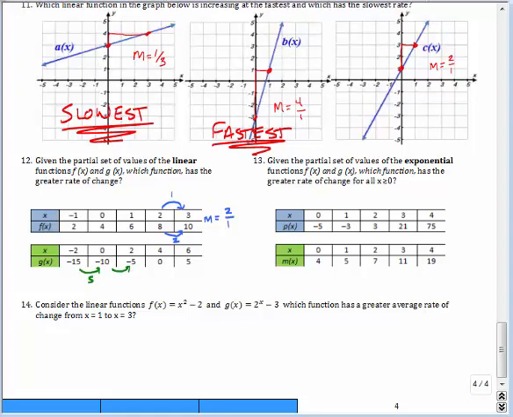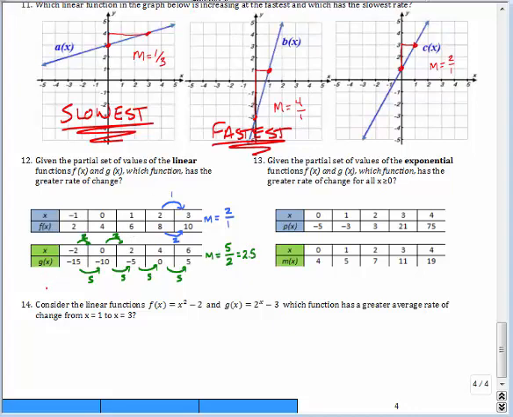on the bottom each time. And the x is going up by 2 each time. And so the rate of change for this one would be 5 over 2. So it's really close. Again, you got to put the change in y on top over the change in x on bottom. And so this one would be 2.5. So the one on the bottom is a little bit faster.